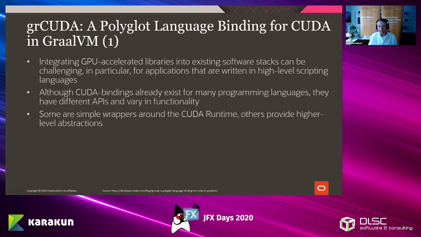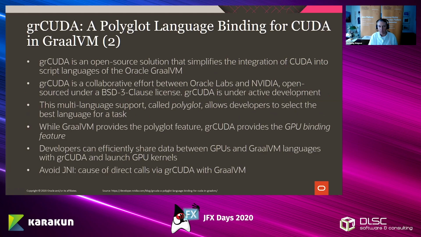This time we have just a simple wrapper around it. So GrCUDA is an open source solution. With this library, we simplify the integration within script languages to the GraalVM. And in the background there is the engineering power of Oracle Labs with 270 people and the NVIDIA team to open source this under the BSD 3-clause license.